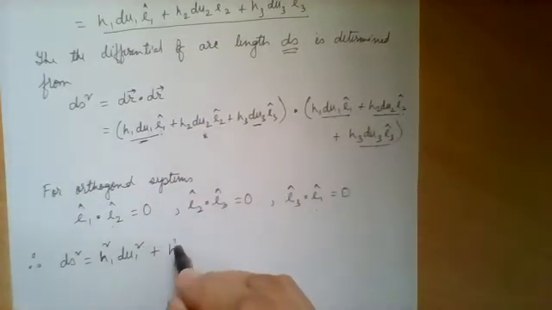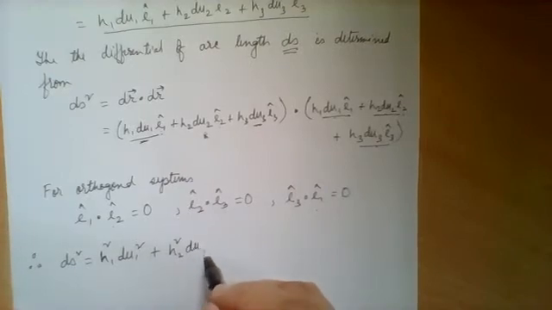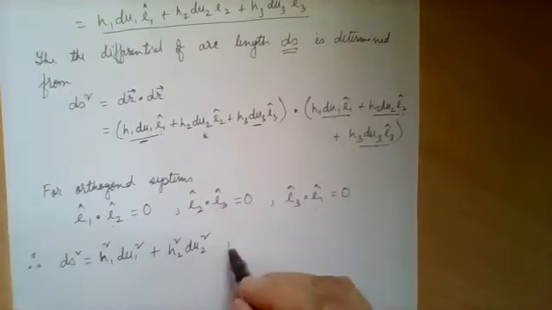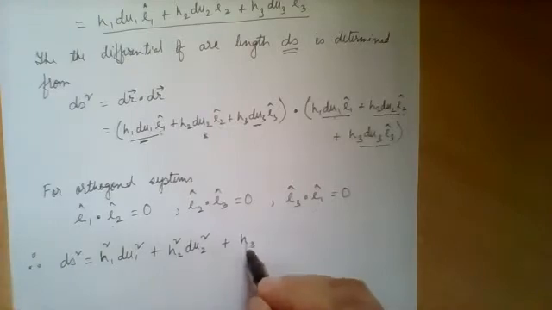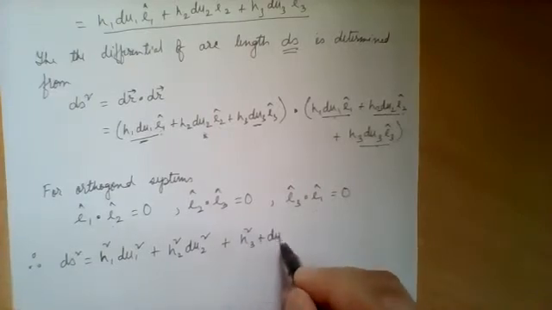So this will be h2 square du2 square plus h3 square du3 square.